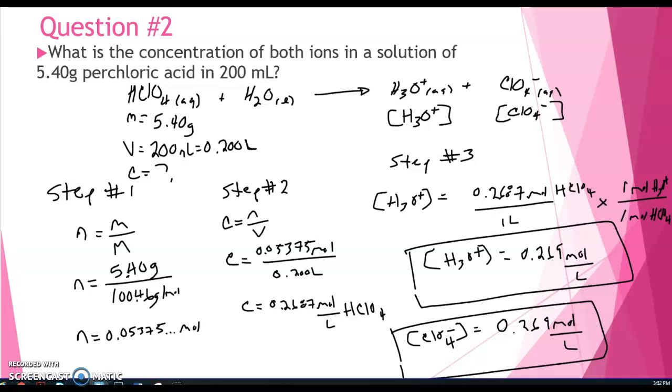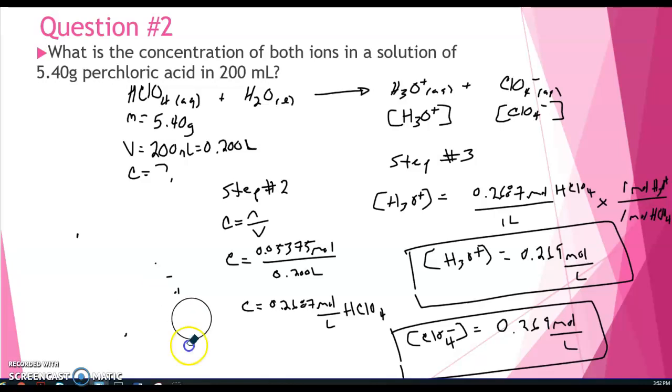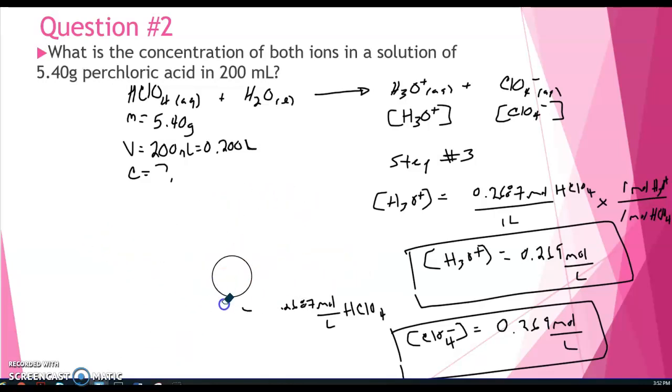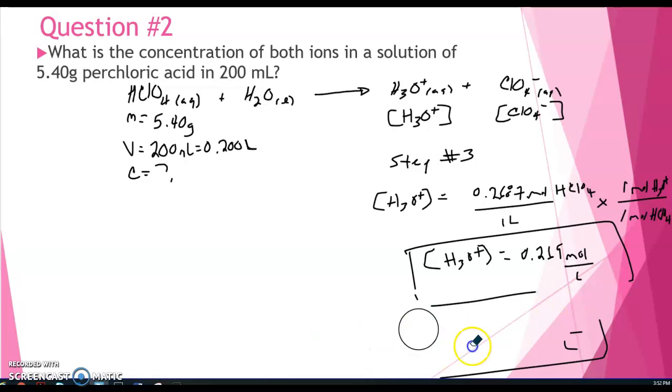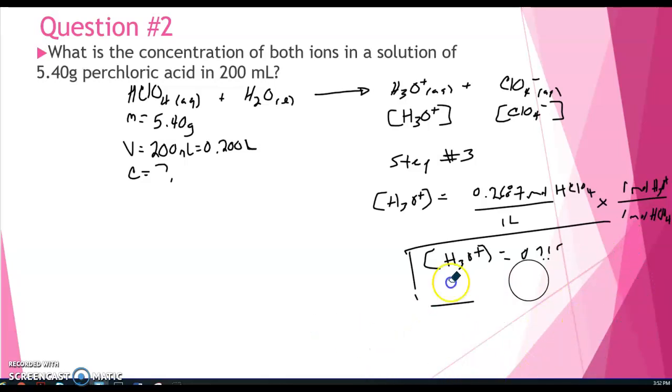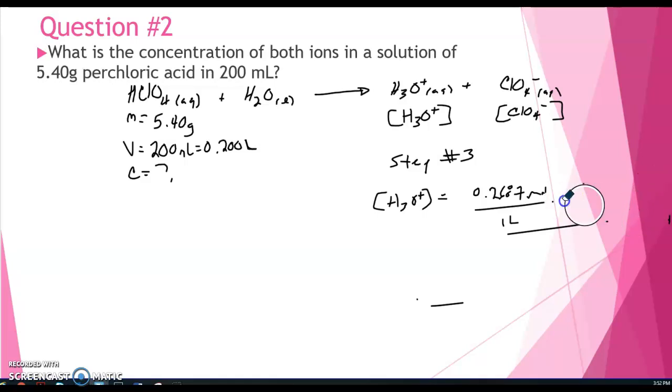Let's just erase this quickly. Just give you a breakdown of unit analysis. So this is the first method we're doing. The important thing is finding the hydronium ions there, and again, you'll see why, because the hydronium part is what makes an acid an acid. The hydroxide is what makes a base a base.